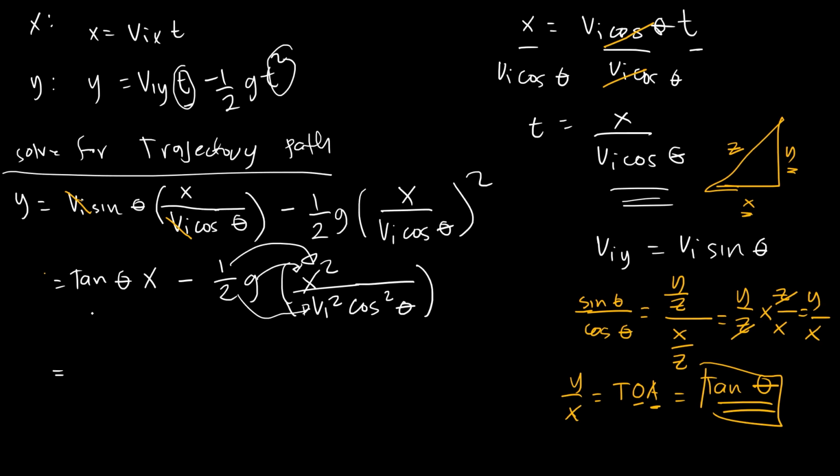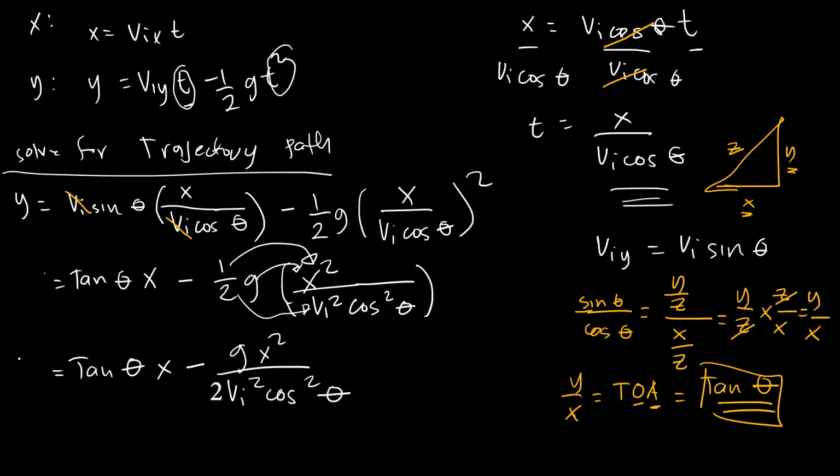So this is equal to tangent theta x minus g x squared divided by 2 v sub i squared cosine squared theta.